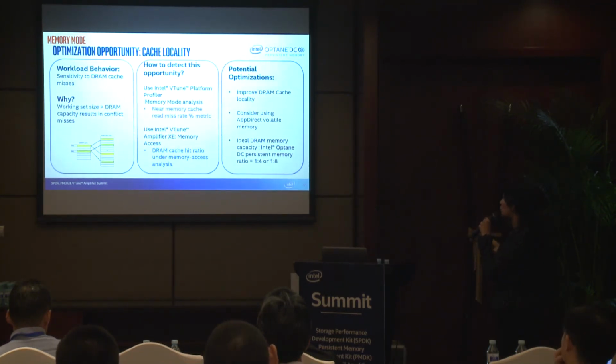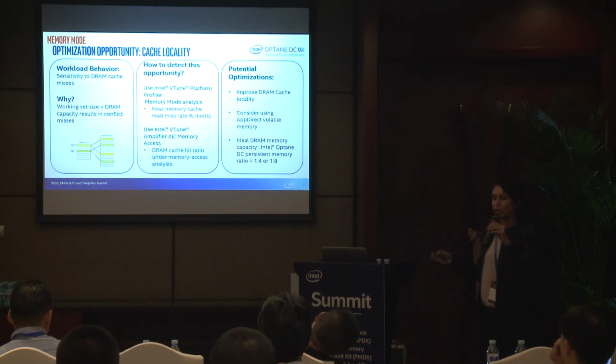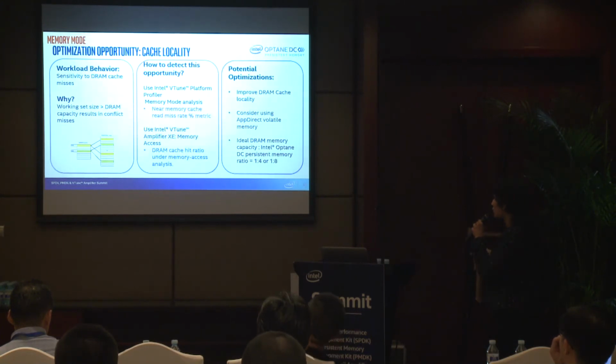The potential optimization is to improve your DRAM cache locality. Maybe you want to consider blocking or something else that can improve your DRAM cache locality. And maybe your application is just not suitable for memory mode. If that is the case and what you need is to extend memory, you want a larger amount of memory, then you can consider using AppDirect volatile memory instead.